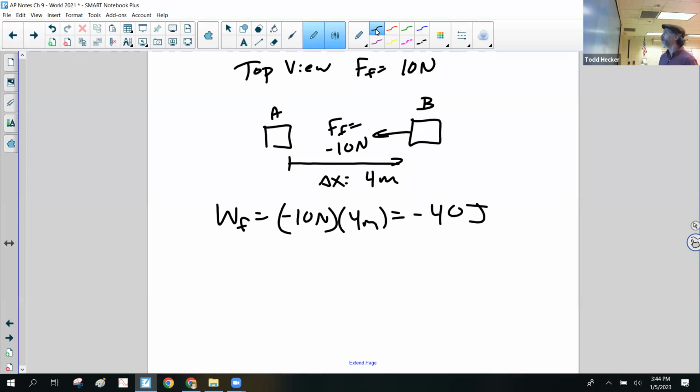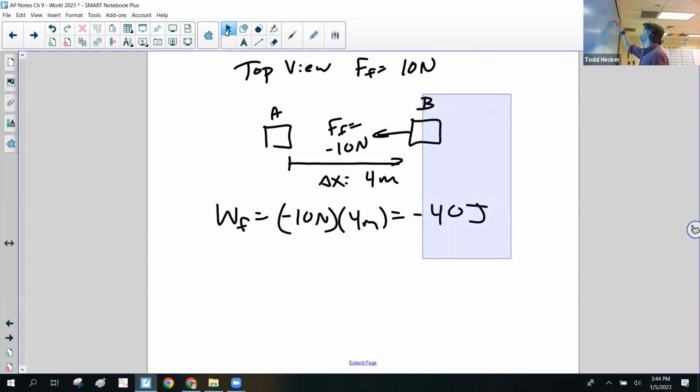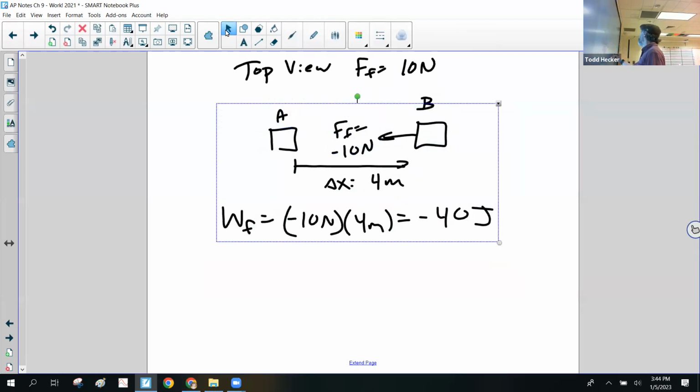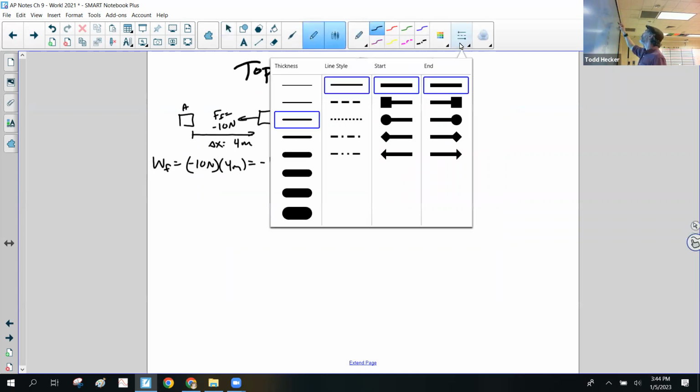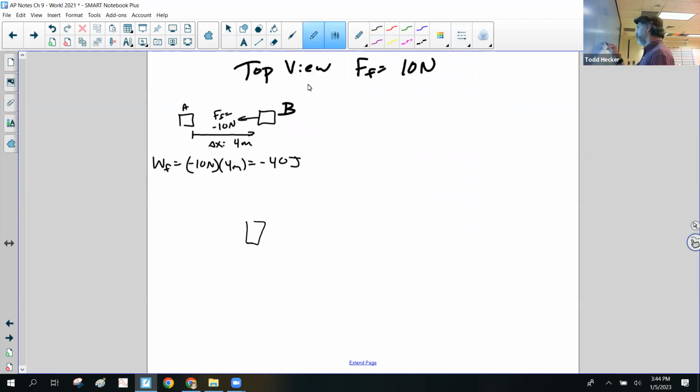Okay. Now, suppose instead, I go from point A to point B by going 4 meters this way.